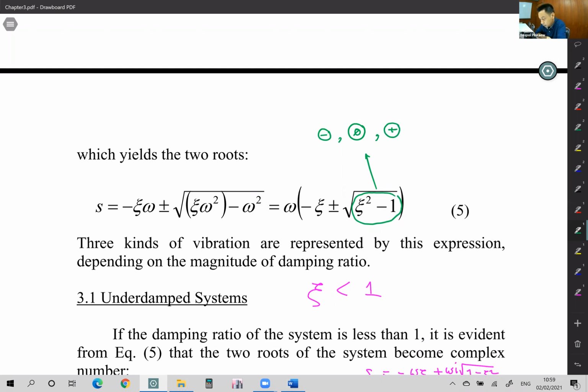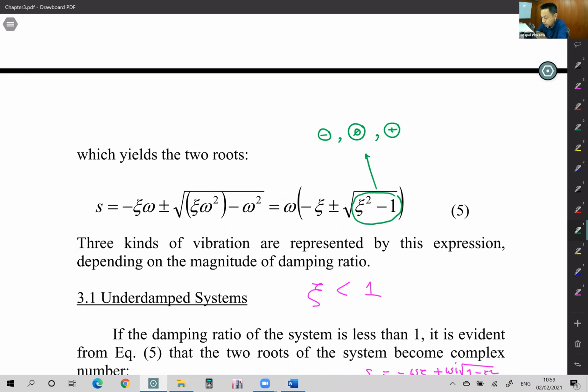There are three possibilities in which the term psi squared minus 1 inside this square root can be a negative number, can be 0, or be a positive number.